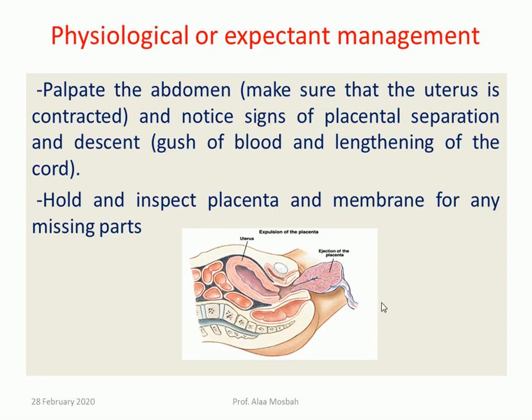Hold and inspect the placenta between two hands and roll the placenta to deliver the membranes, and inspect the placenta for any absent cotyledons and the membranes for any absent part. So this is the physiological or expectant management.